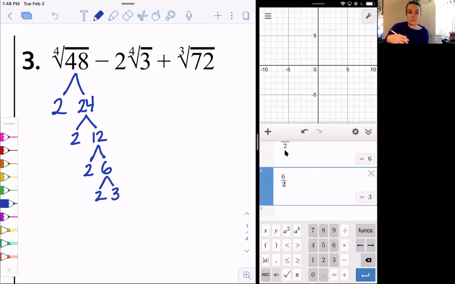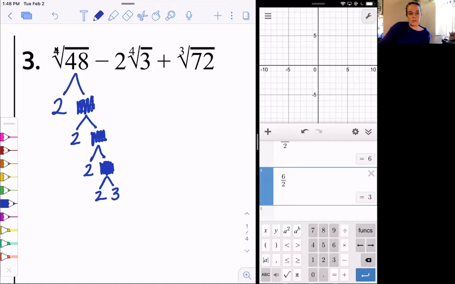Right, so you can use your calculator in order to help you find the things that divide into 48, or divide into each number. So I'm going to cross out the ones that I already used so I don't get distracted by them. Since this has an index of 4, a baby number 4, it's kind of the size of an exponent, but it's not an exponent. It's called an index. What does it mean that there's a 4 here?